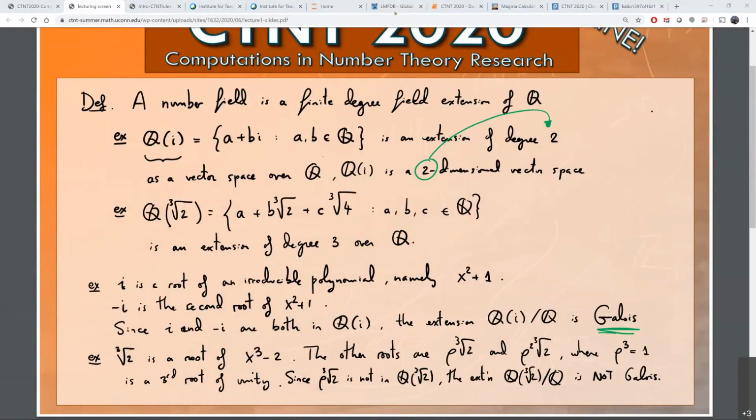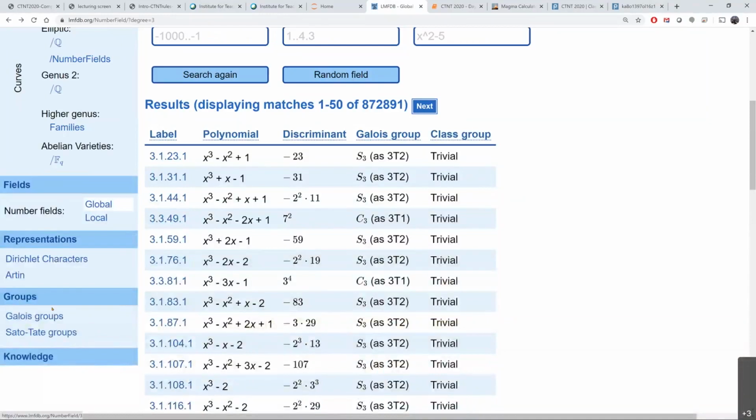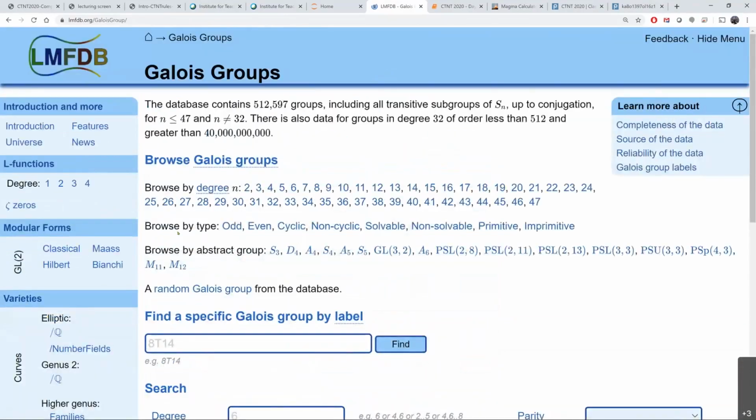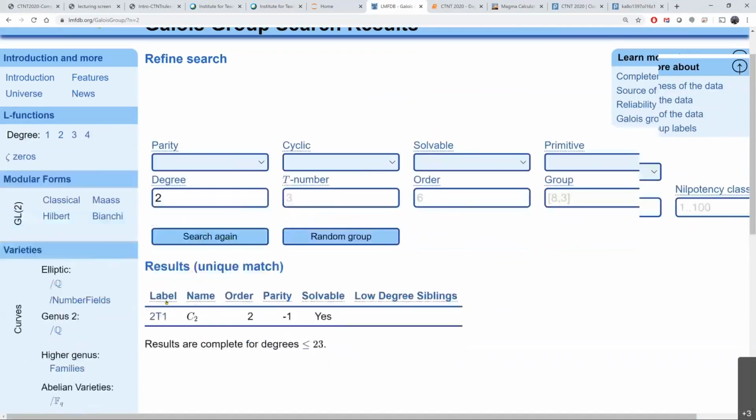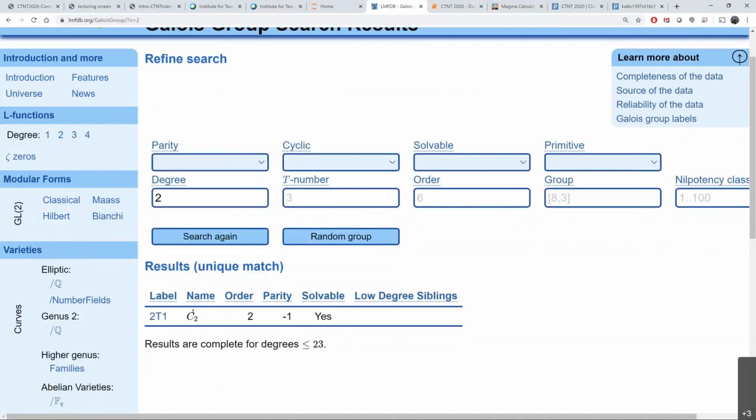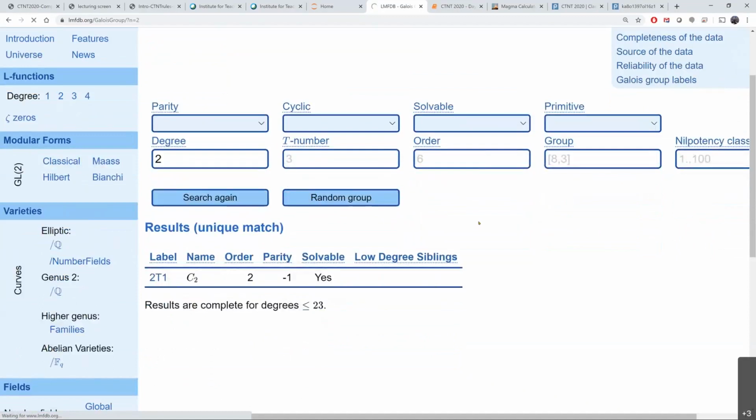And we can go to the LMFDB and look at Galois groups, and then look at what Galois groups appear in degree 2. The one Galois group that appears in degree 2 is Z2, which is a cyclic group of order 2. So we can click on it. And I'm waiting for the LMFDB to respond.